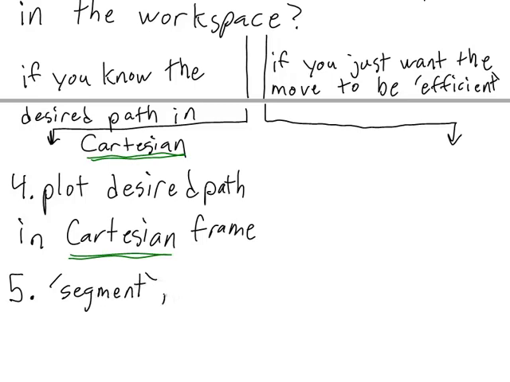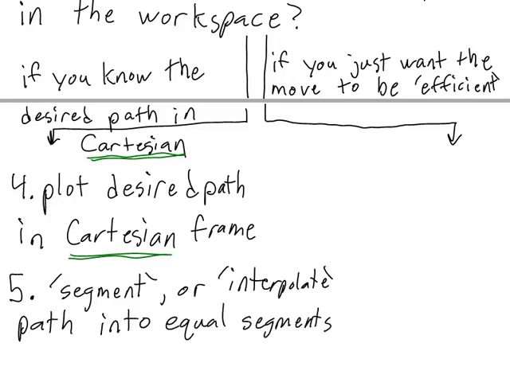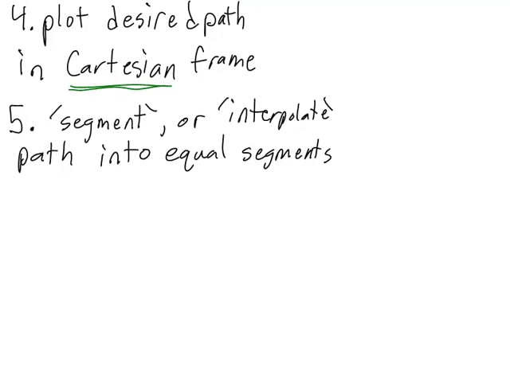We're going to segment or interpolate the path into equal segments, so that the distance between each of the points you identify along the path are an equal length.